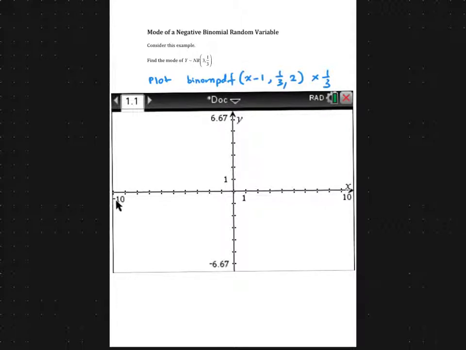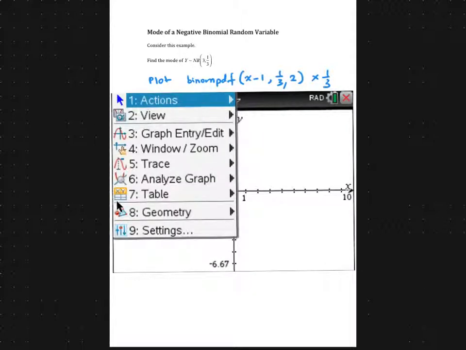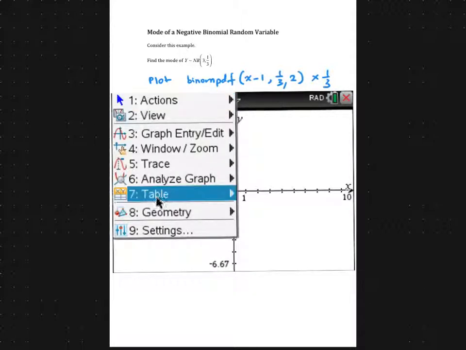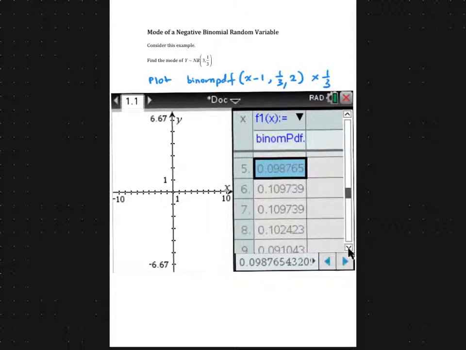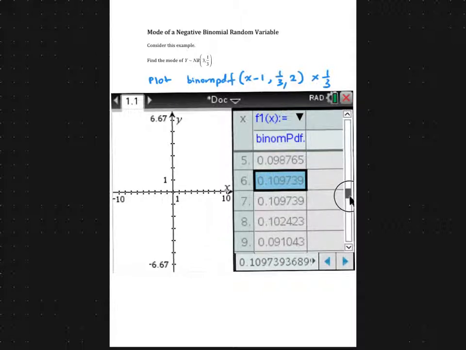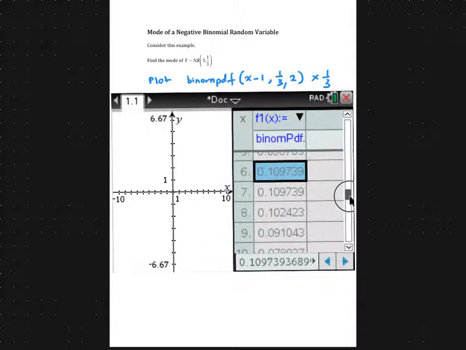So we plot binomPDF(x minus 1, 1/3, 2) times 1/3. But you won't get a graph because the data is discrete. So we choose split screen and scroll through the values of probability that will give us the highest probability.